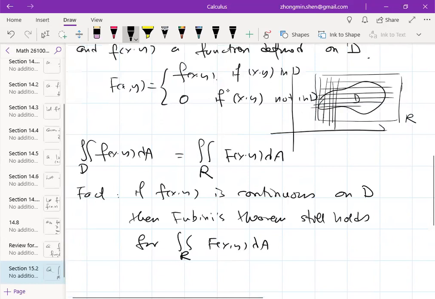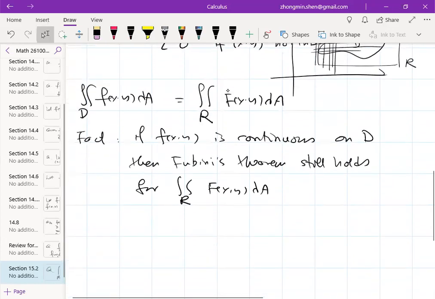So that means you can use the iterated integral to evaluate this double integral, okay? And when you apply the iterated integral, the domain must be a rectangle, otherwise you cannot write down the double integrals, okay? So this is the idea.